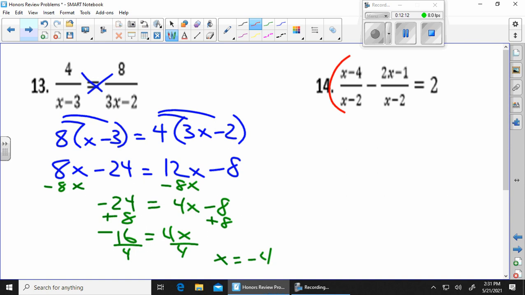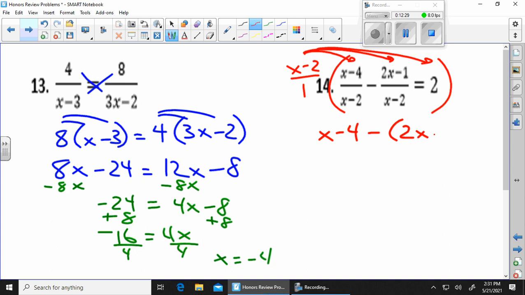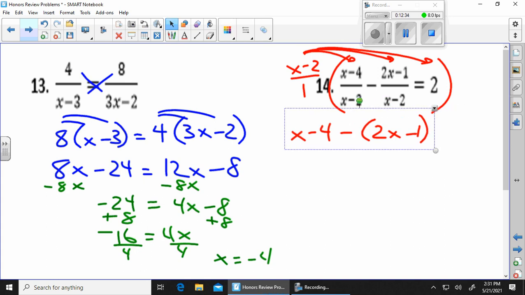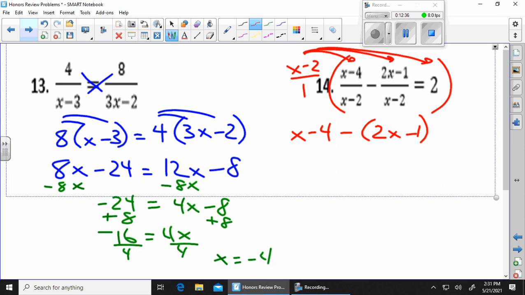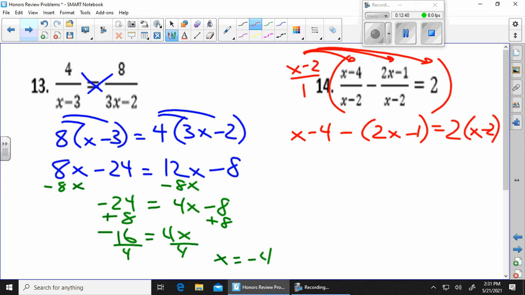Now with 14 you can't do that. You could multiply the whole entire equation by the denominator to get rid of it. So, if you multiply it by the first thing, x minus 2 would cancel. If you multiply it by the second thing, but be careful, you would have to put that second thing in parentheses. And then the third thing, you're actually going to have it.